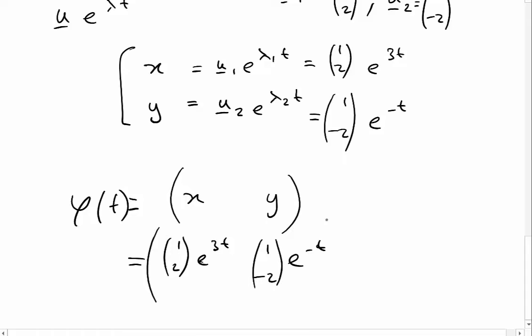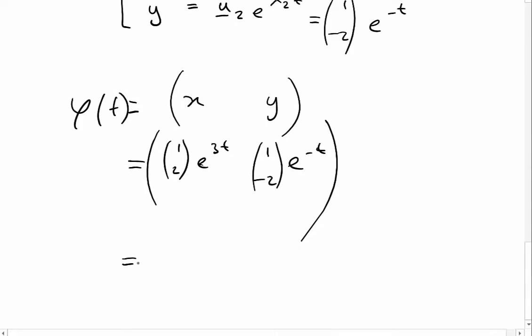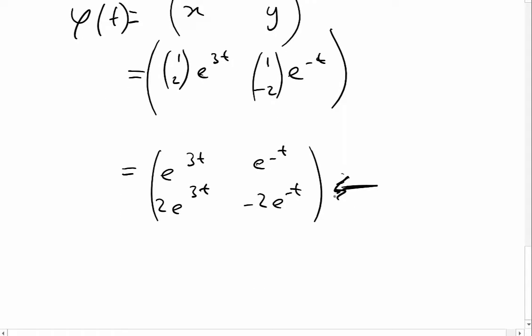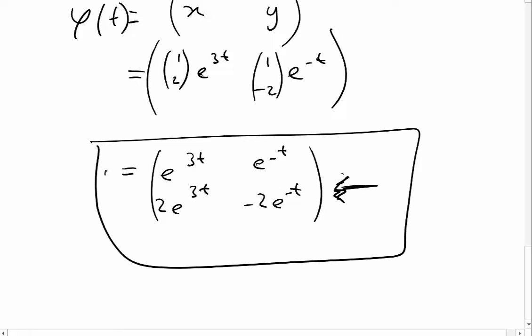Just replacing that, and then if I expand this out, I end up with e to the 3t here, and 2e to the 3t in this element here. Then this would be e to the minus t, and here I'll have minus 2e to the minus t. In other words, this is my fundamental matrix. So hopefully you can see how you can form a fundamental matrix just based on some fundamental solutions.